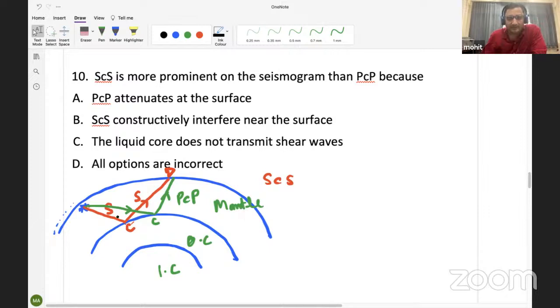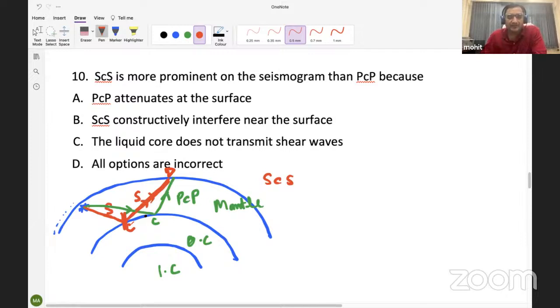So in that sense, what will happen? For the shear wave coming from the source to the outer core, the amount of energy that will be refracted into the outer core will be almost negligible. So the entire energy of the shear wave, after it impinges at the outer core, will be reflected back and received at the receiver.